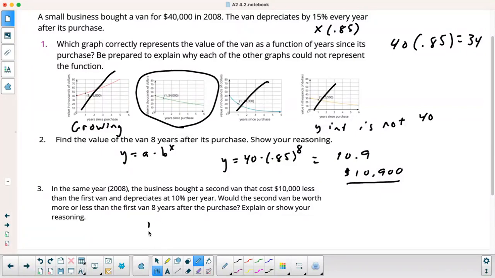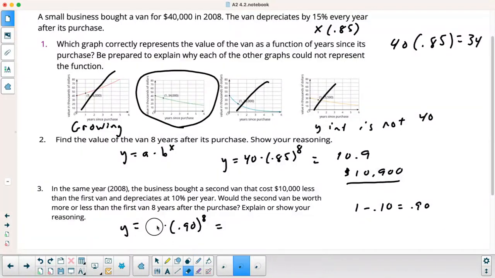Okay, so we're going to say you start out with 10,000. This time it's times 0.90 to the x, and I'm going to plug in 8 for x. Initial value 10,000. 0.9 is 1 minus 0.10. So I just plug that in and see what I get. Oh, wait, no. Oh, shoot. This is 10,000 less.